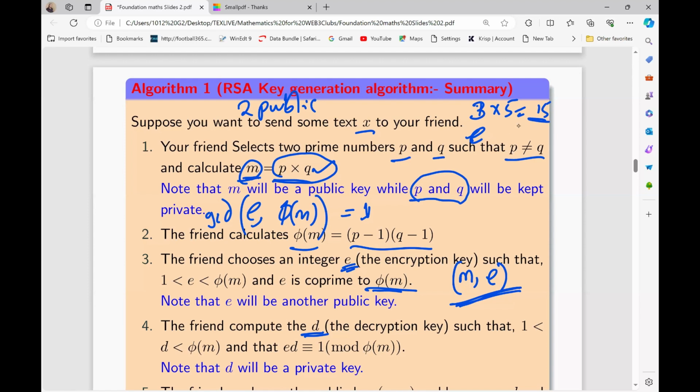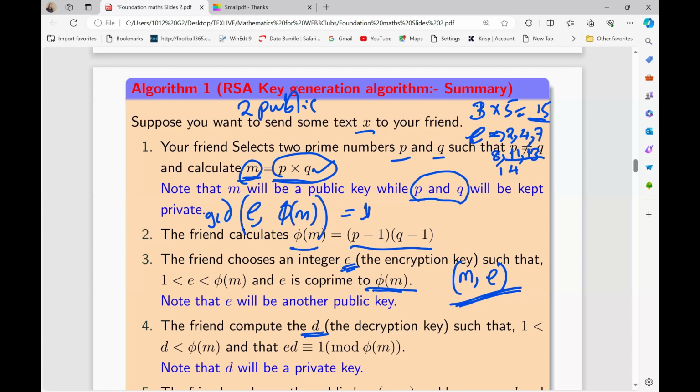So you just choose any, apart from 1. Numbers relatively prime to 15 could be 2, could be 4, 6 is not, 7 is relatively prime, 8 is another one, 9 is not, 10 is not, 11 is another one, 12 is not, 13 is another one, and 14 is another one.